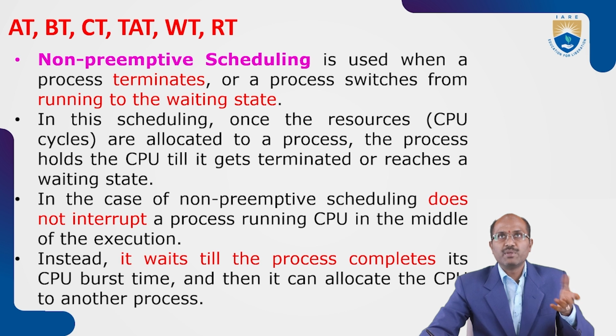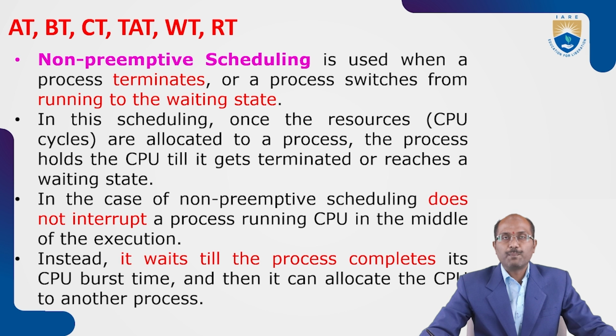Okay, so non-preemptive scheduling is completely different. The process terminates, or the process switches from the running state to the waiting state. In this scheduling, once the CPU cycles are allocated to a process, the process holds the CPU till it gets terminated or reaches a waiting state. Non-preemptive scheduling does not interrupt a process running on the CPU in the middle of its execution.